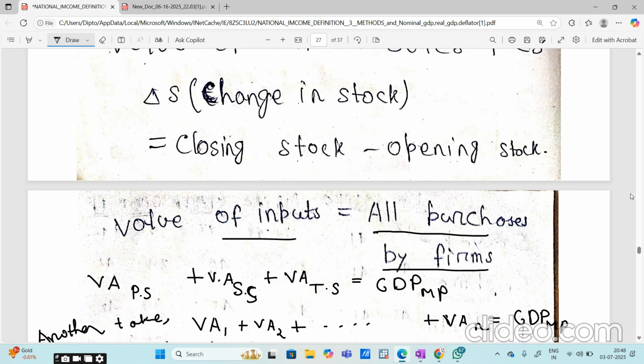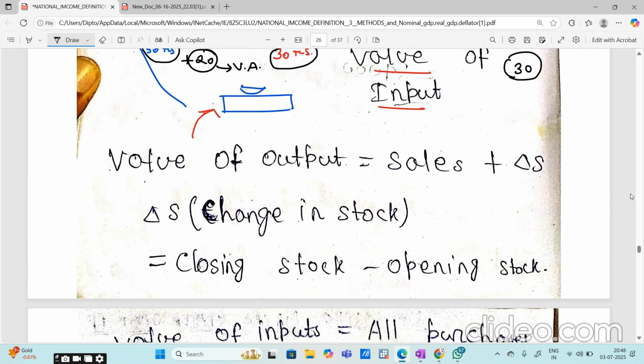Now, how to calculate value of output? Value of output is nothing but sales plus change in stock. Sales is the value of all the output sold in the market.